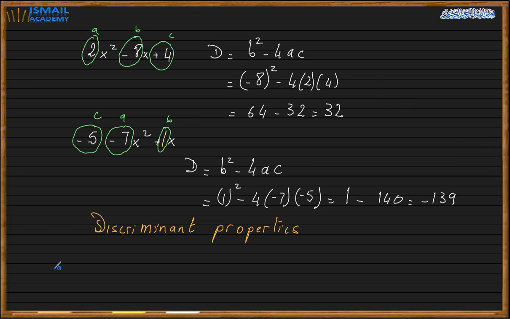So the first property, if the discriminant is less than 0. What does it mean if our discriminant is less than 0?